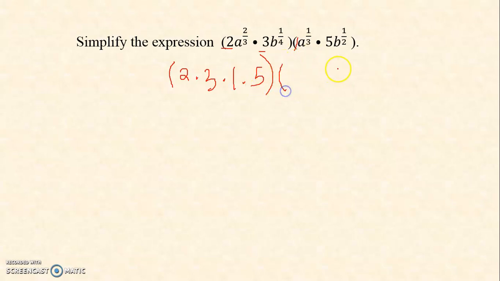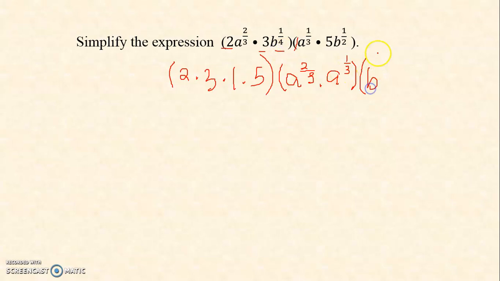This time, we're now going to concentrate on the variables. Same variables. We have there a. The exponent is 2/3 multiplied by a. The exponent is 1/3. Okay? Multiplied by, we're going to separate, that would be better, b.